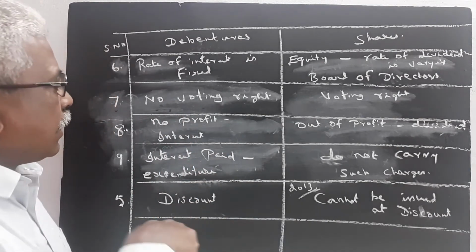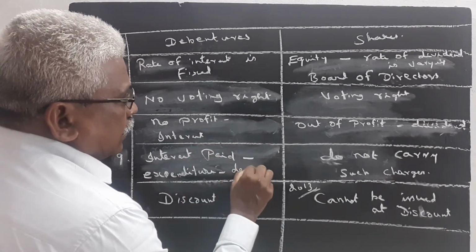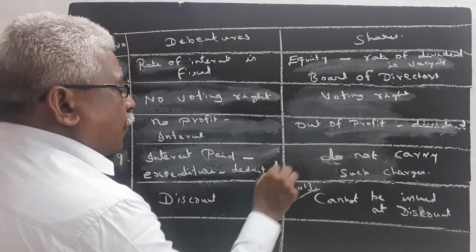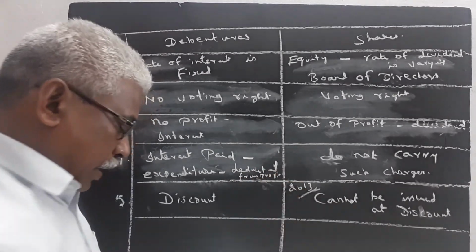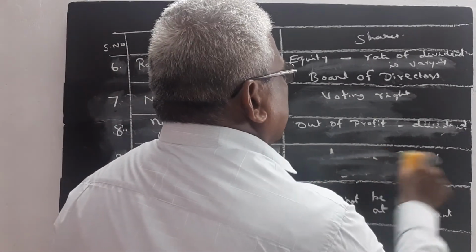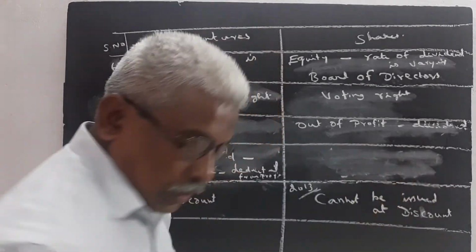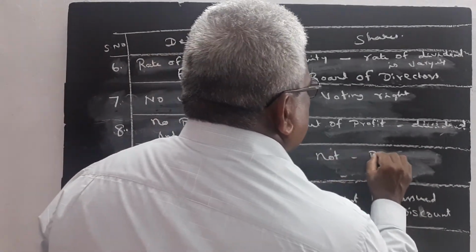It is deducted out of profit. The expenditure is deducted from profit. But dividend is not considered as a business expenditure.